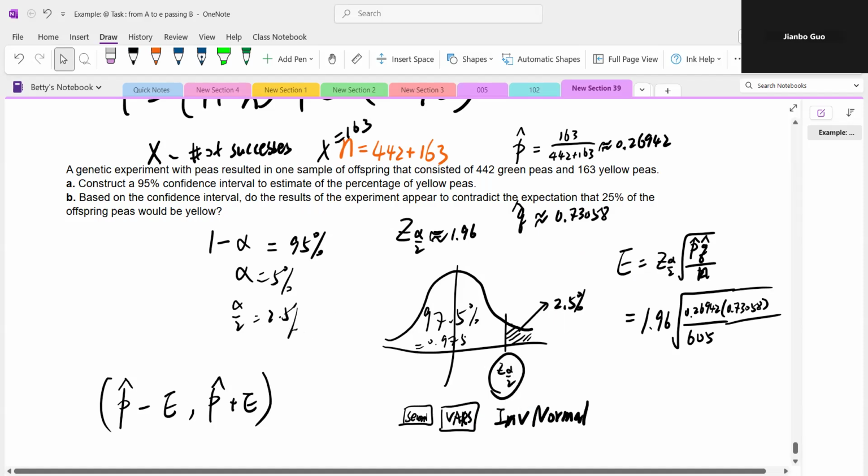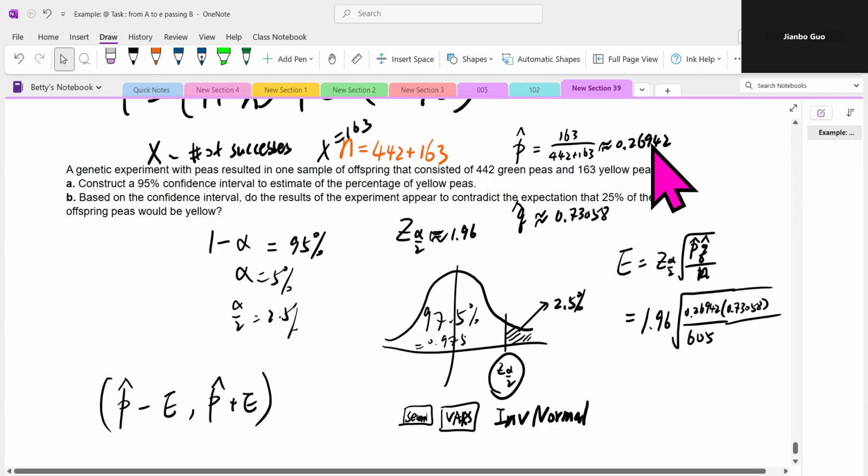That means the z-score we're looking for separates a region to the right of it with area 2.5%, so the region to the left has area 97.5%. Then we use the inverse normal function in the TI-84 calculator to find the critical value, which is 1.96. So z sub alpha over 2 is approximately equal to 1.96.